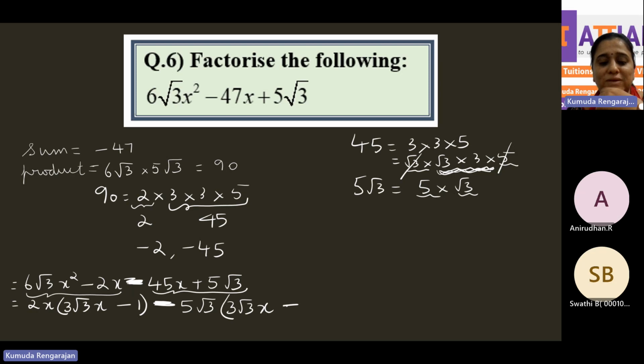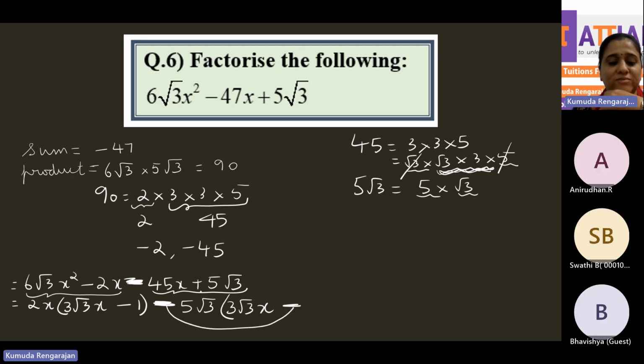Minus into minus is plus, children, correct? Minus into minus is plus 1, and 5 root 3 is common outside.